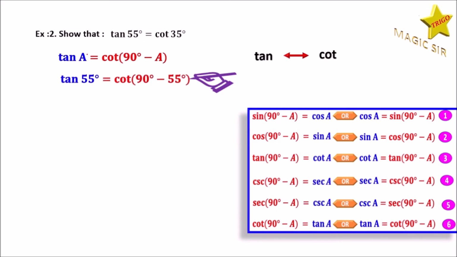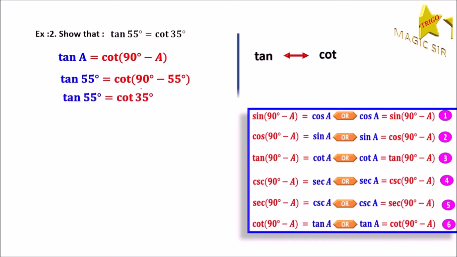So tan 55 degrees is equal to cot of 90 degrees minus 55 degrees, where A is equal to 55 degrees. Therefore, tan 55 degrees is equal to cot 35 degrees because 90 degrees minus 55 degrees is equal to 35 degrees.